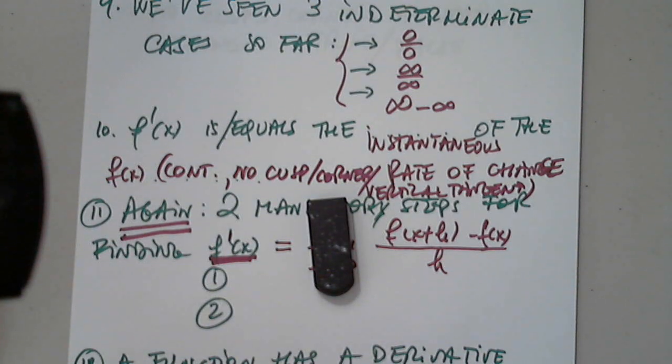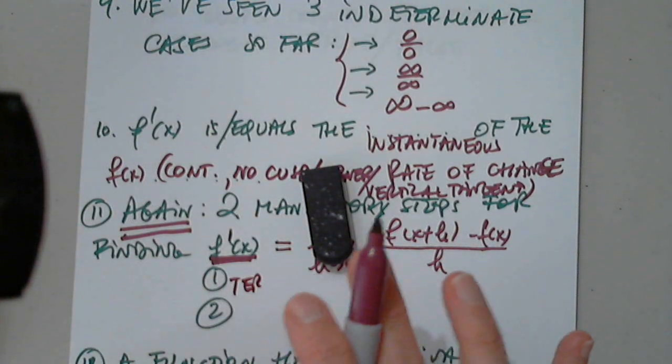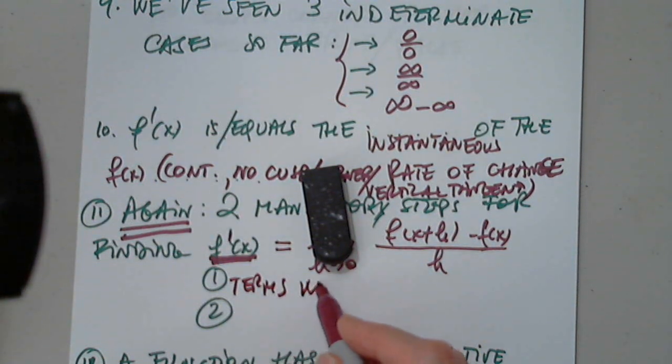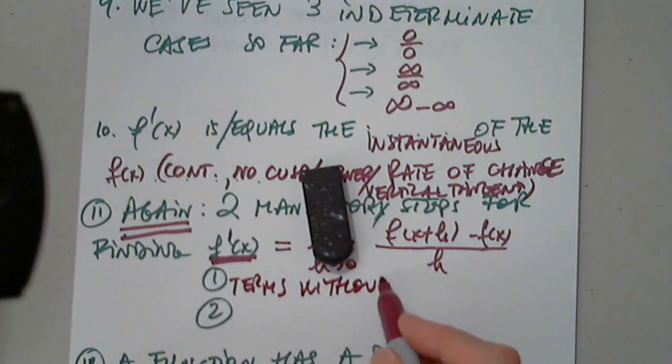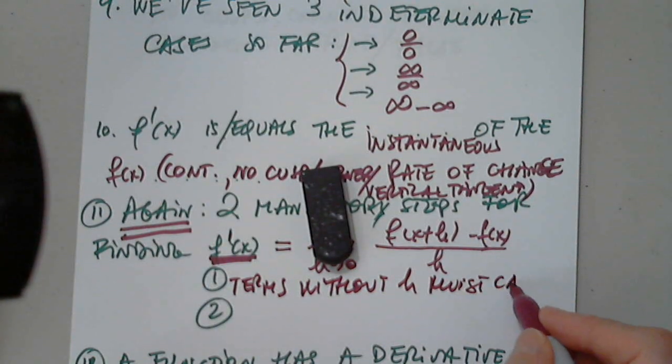No. Not the variable or the variables. Careful. That's the second one. The first one is that terms with x have to be canceled out of the numerator? Terms without h, yes. Terms without h must cancel in the numerator. Awesome, thank you.